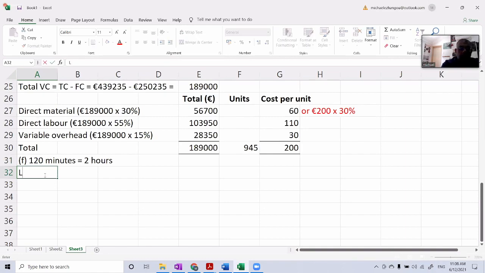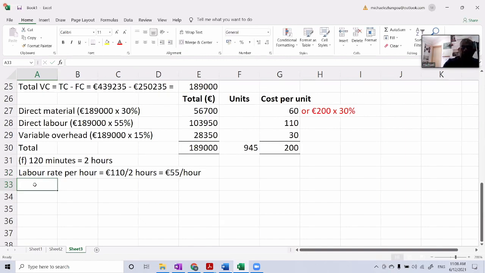So labor rate per hour will be 110 divided by 2 hours, which will be 55 per hour. Can you follow? F. G.